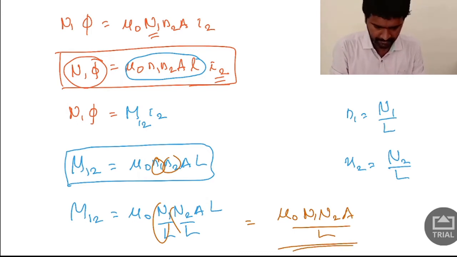This is the mutual inductance of the first coil with respect to the second coil.